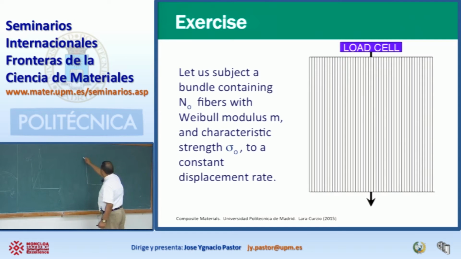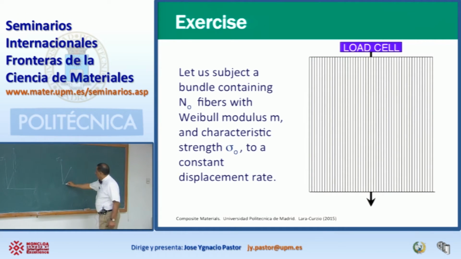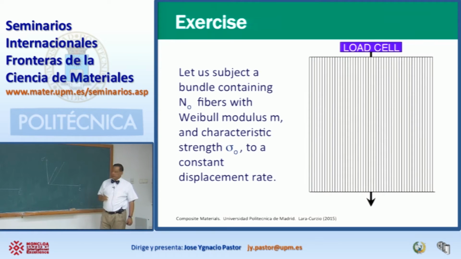So I have stress-strain, and this is the first fiber, okay? And then I test another fiber. It's a little bit stronger. Then I test another fiber, and it's weaker. Then I test another fiber, and it's right here and right here.